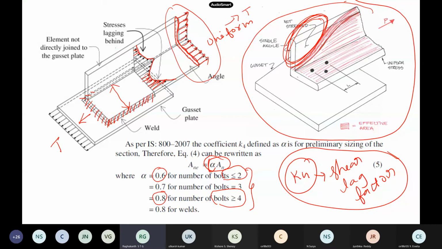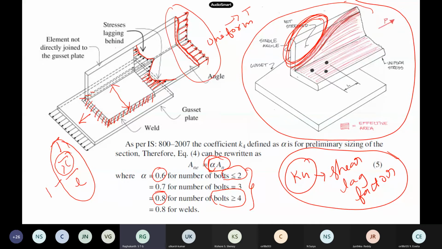What is the shear lag formula? 1 minus x bar by L. Okay, x bar you don't touch. Now what happens when you increase the number of bolts? L increases, the connection length increases. So automatically this portion should reduce, and if it is reducing, then 1 minus that portion increases.